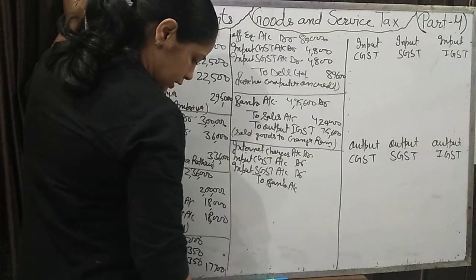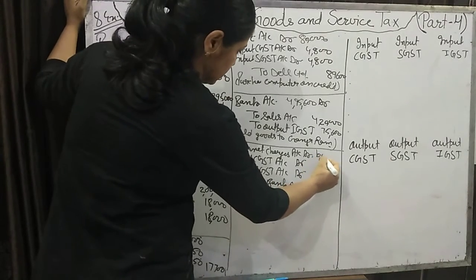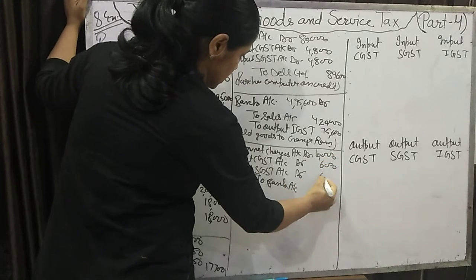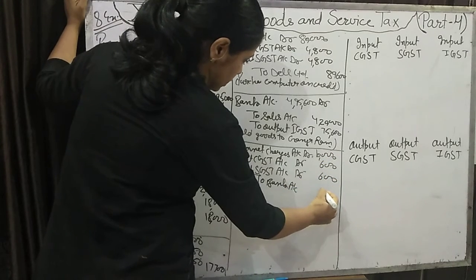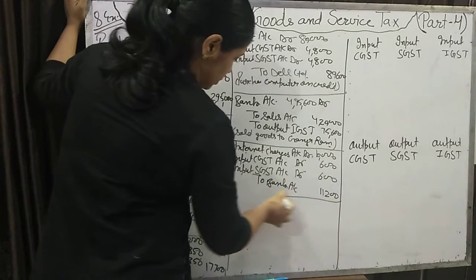How much? 10,000 and 6% GST rate is there. Then total is 11,200.